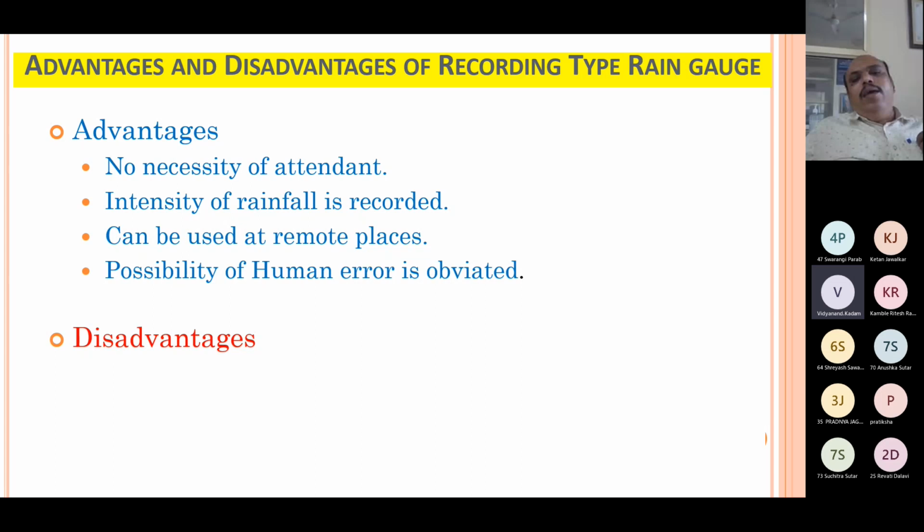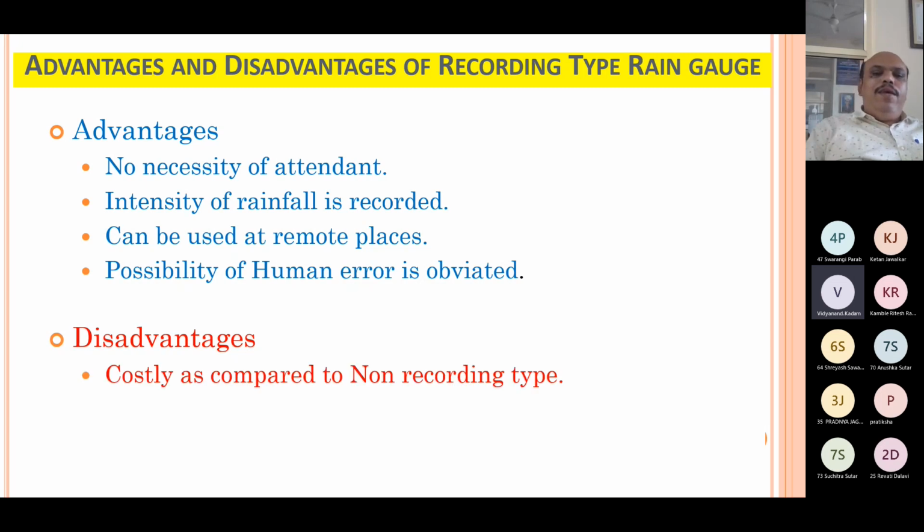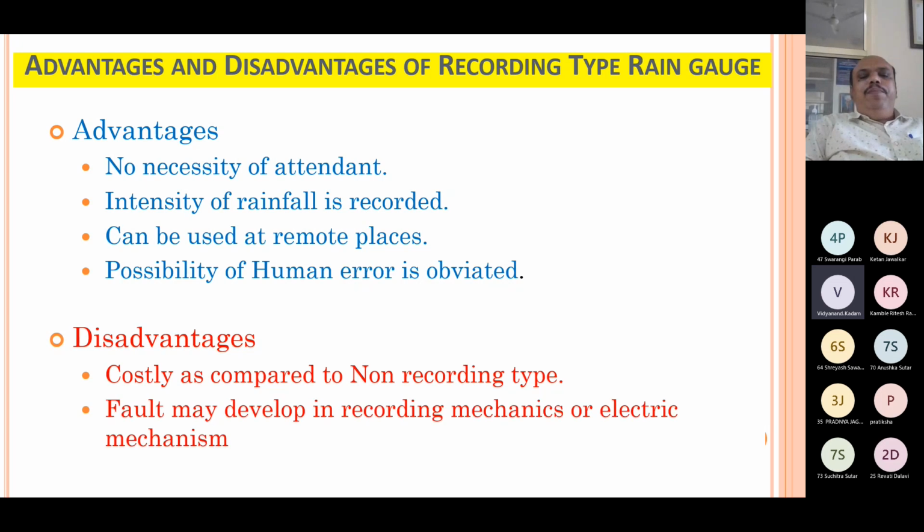We know that in all these recording type of rain gauges, there is some mechanism used for the recording. So some error is possible in this recording mechanism, and due to that wrong data may get recorded. If we compare the cost of both types of rain gauges, then of course the recording type of rain gauges are costlier as compared to non-recording type.